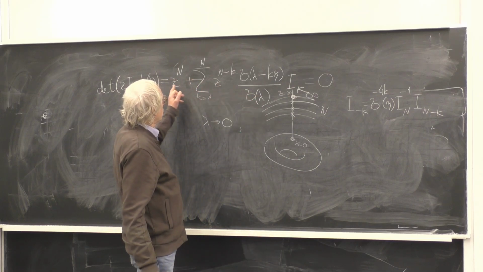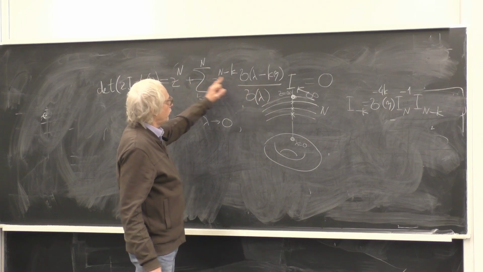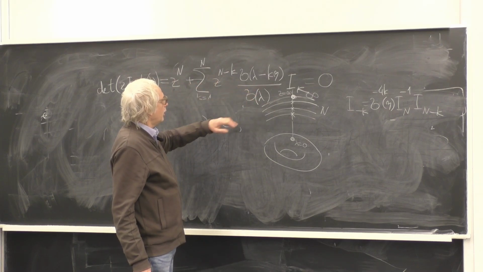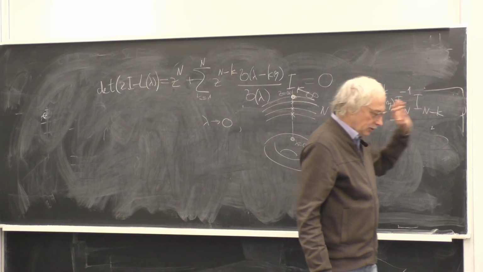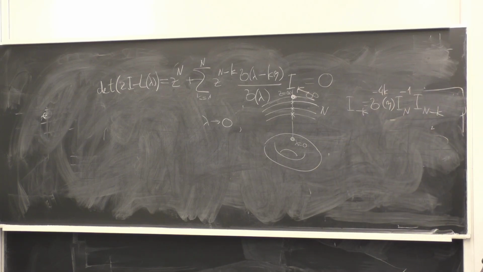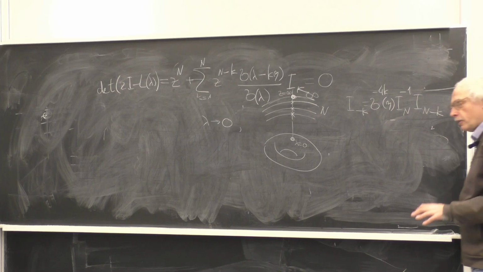So among n roots of this equation at lambda equals 0, we have only one infinite root. The other n minus 1 roots are finite.